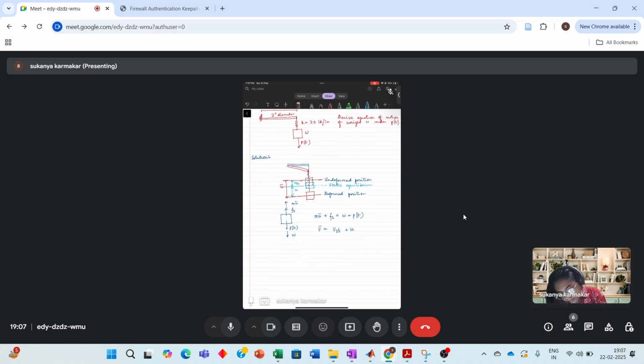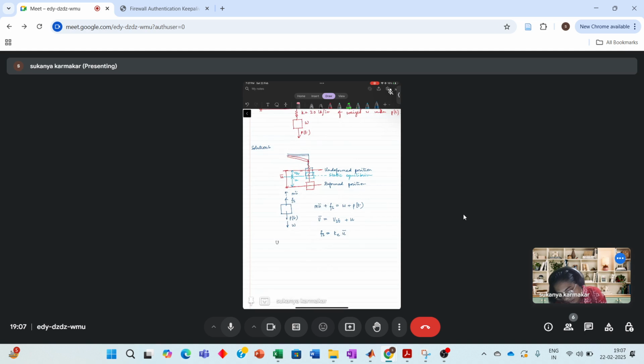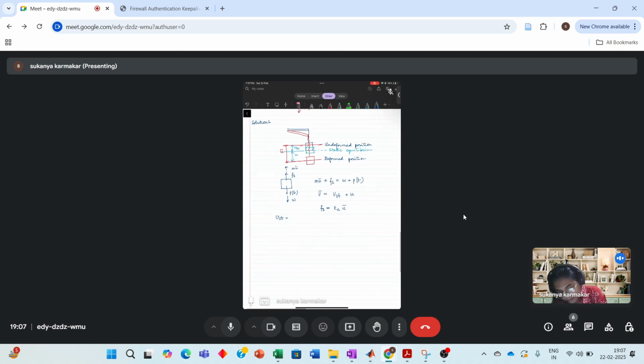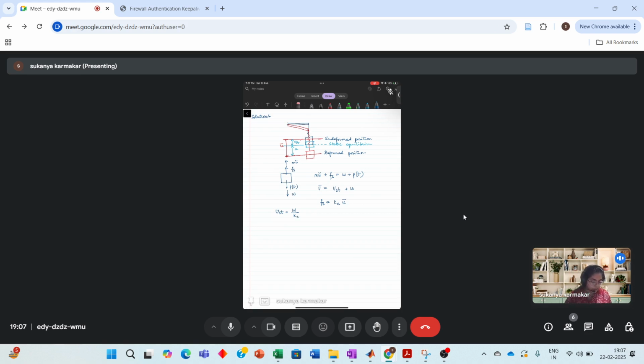So W by KE would be UST. Fs is KE into U bar. Now I want to find UST. As you rightly told, it will be W divided by stiffness. This is the value of UST.